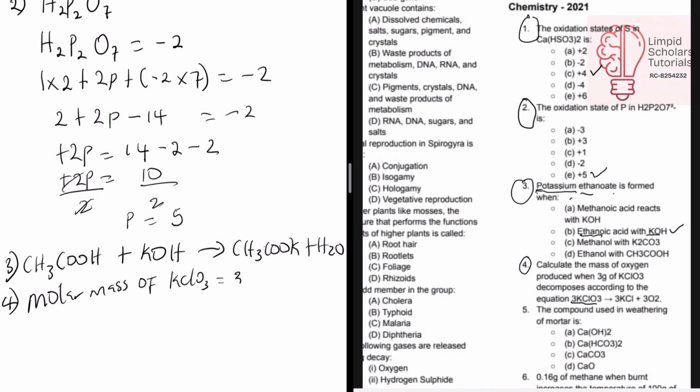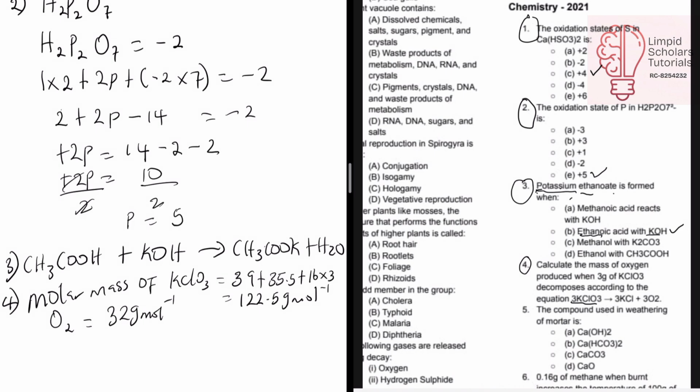Remember, K is 39, plus 35.5, plus oxygen is 16 times 3. So our final answer for the molar mass of KClO3 will be 122.5 grams per mole. And remember, for oxygen, which is O2, it is 32 grams per mole.